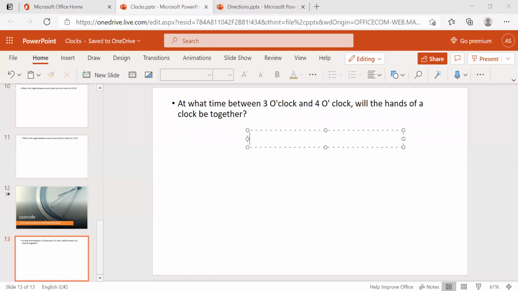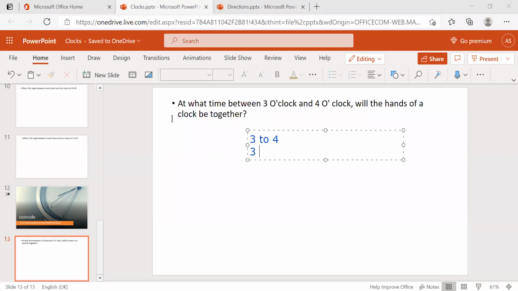What they're asking is 3 to 4, right? When will the hands coincide or come together? It is definitely 3 o'clock, and it should be in between 3 and 4 only.